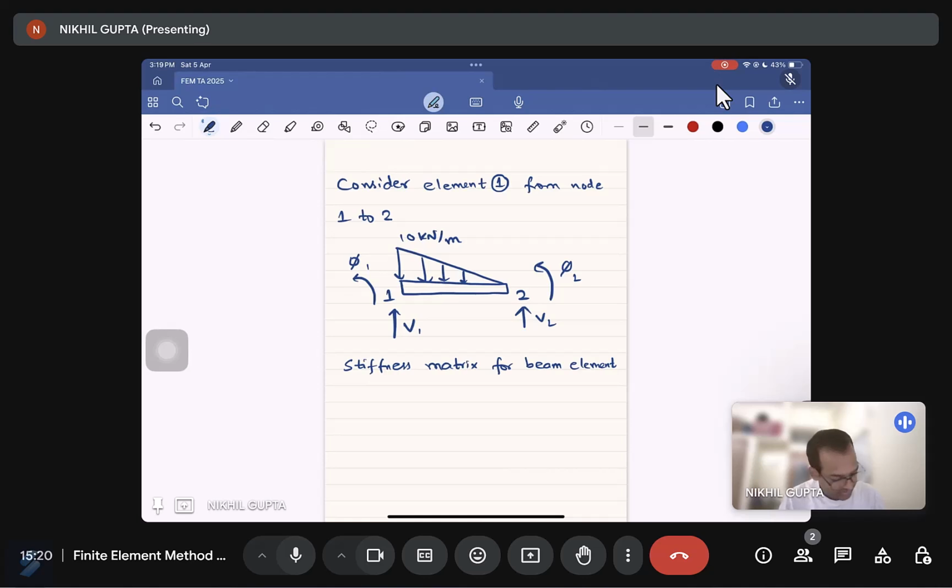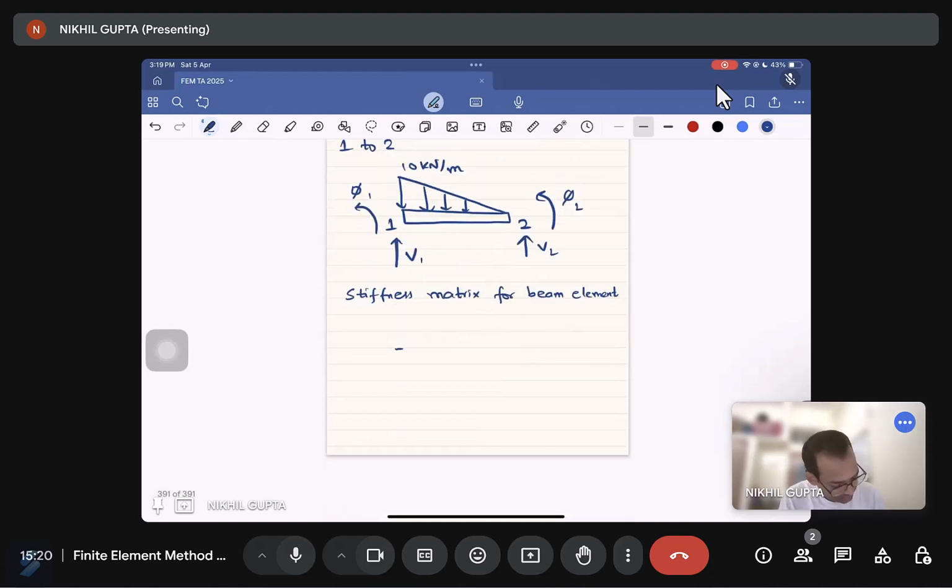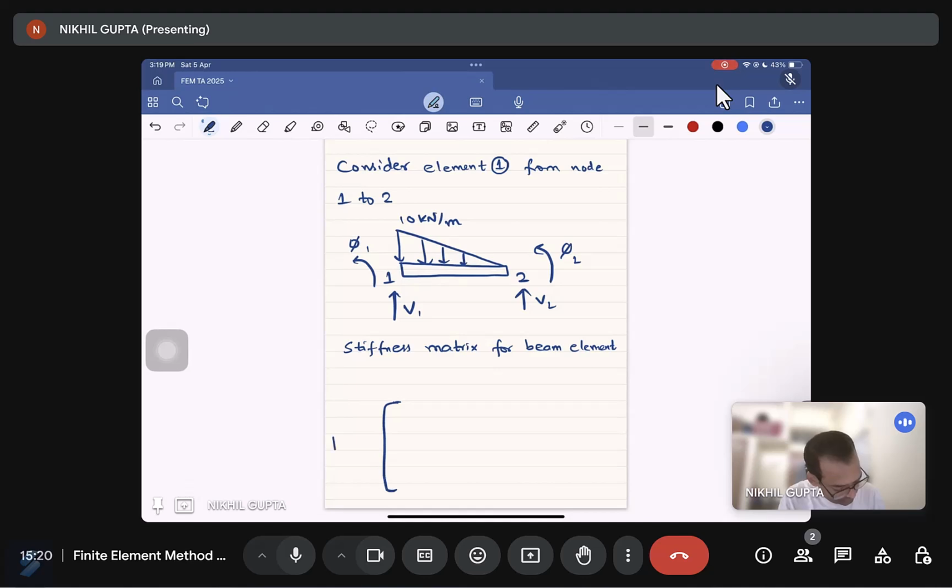Okay, let's start writing. We all know this. This will be K1, and outside it will be EI by L cube. Now 12, 6L, minus 12, 6L; 6L, 4L square, minus 6L, 2L square; minus 12, minus 6L, 12, minus 6L; 6L, 2L square, minus 6L, and 4L square.